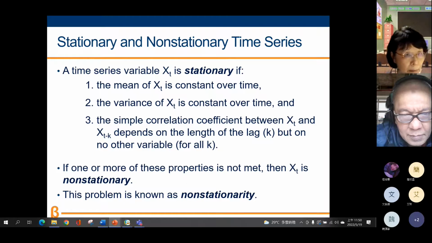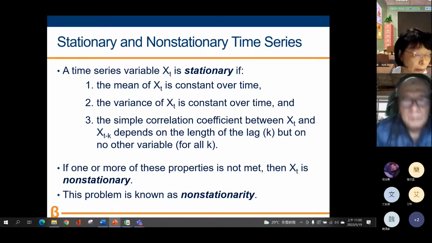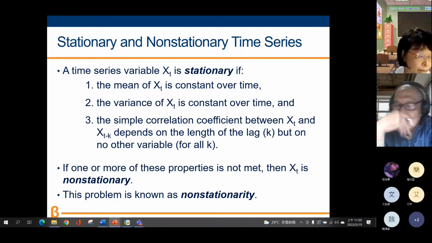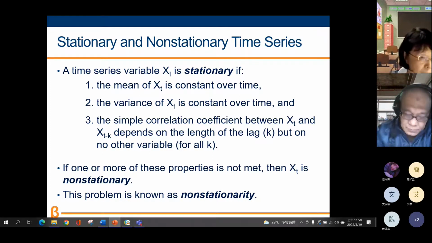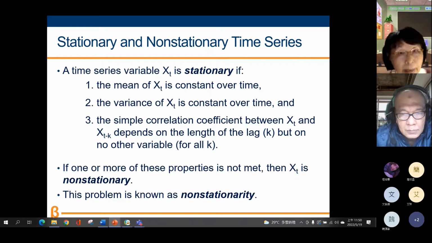Therefore, if you cannot extend and generalize what you have studied to other time periods, then for forecasting purposes it usually has little practical value. So if the time series data is non-stationary, it will be of little practical value for forecasting.